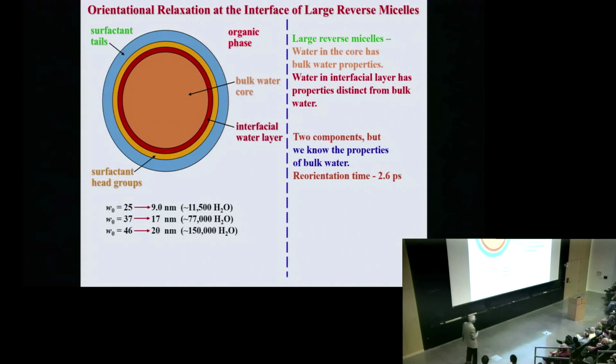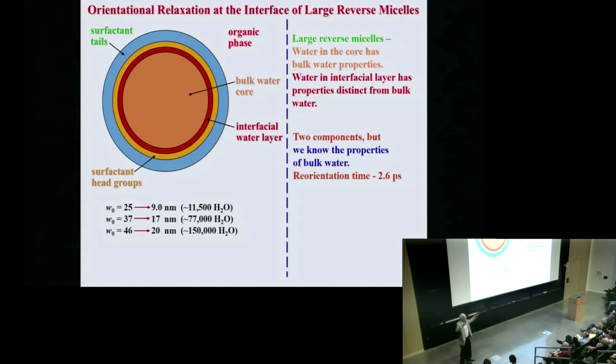Okay, so first I just want to show you what happens when we look at what we call large reverse micelles. So you've got the organic phase, and then you've got the surfactant tails. This is the water. When it's what I call a large reverse micelle, the water is divided into two types of water. There's water right at the interface, and that's going to be really different from bulk water.